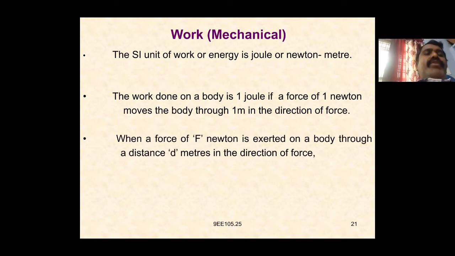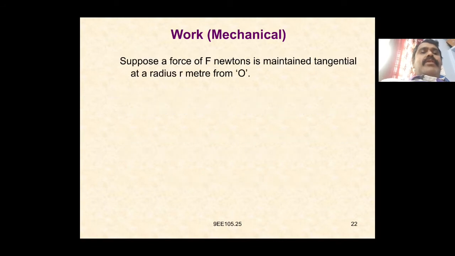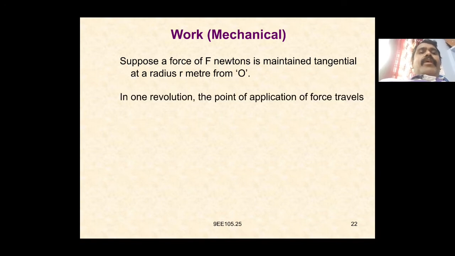When a force of F Newton is exerted on the body through a distance d meters in the direction of the force, the work done is equal to force into distance. Again, suppose a force of F Newton is maintained tangential at the radius r meter from O. In one revolution, the point of application of force travels through a distance of 2 pi r meters.